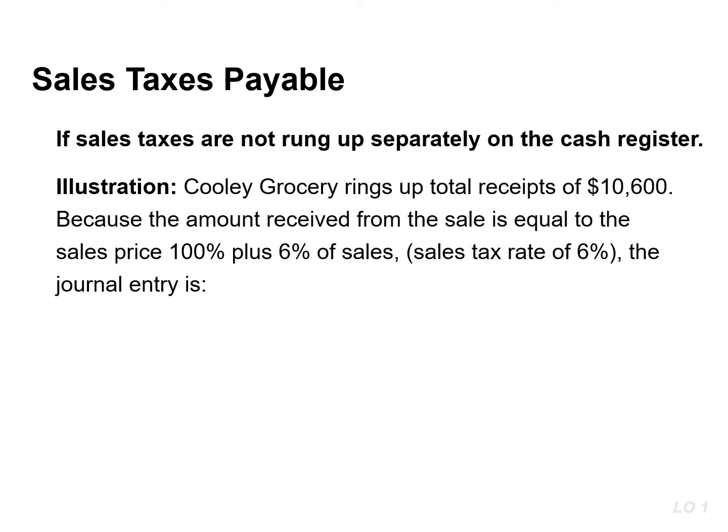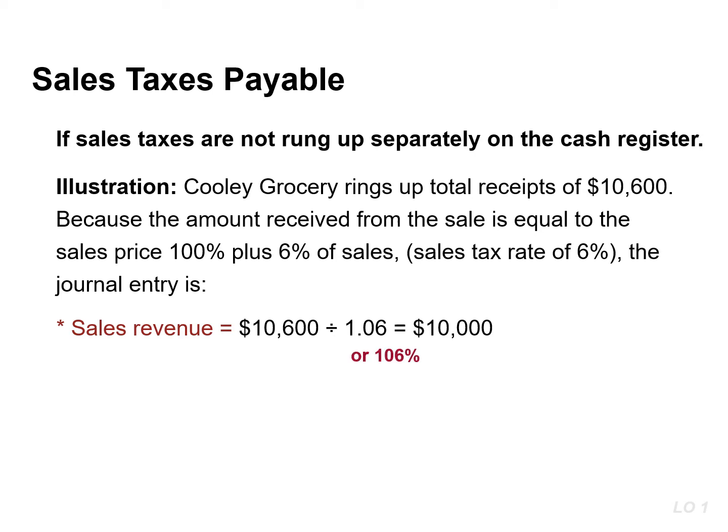Sometimes companies do not enter sales taxes separately on the cash register. To determine the amount of sales revenue, simply divide total receipts by 100% plus the sales tax percentage. If this company has total receipts of $10,600 and the sales tax rate is 6%, we can calculate sales by dividing $10,600 by 1.06, or if you prefer 106%, to arrive at our sales revenue of $10,000.